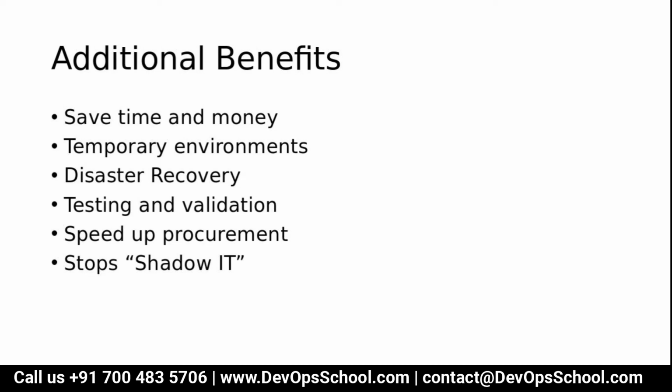Next is stop shadow IT. Shadow IT means that once you design your code, you no longer need to design a shadow, meaning a standby environment. If something goes wrong, you can quickly deploy again, so there's no need to keep a shadow of your complete environment.